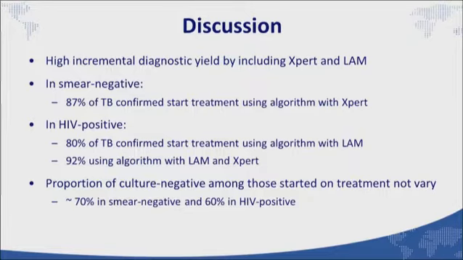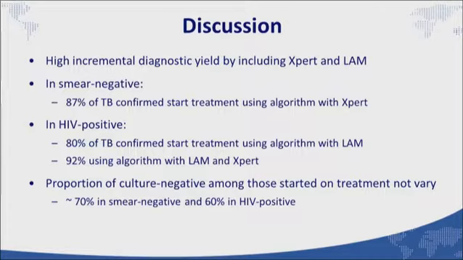So in summary, there was a high incremental diagnostic yield by including Xpert and LAM test into the clinical exam and X-ray diagnostic strategy. In smear-negative patients, 80% of the patients who were TB confirmed were properly started on treatment using an algorithm that included Xpert.